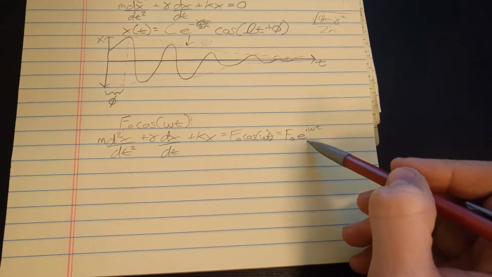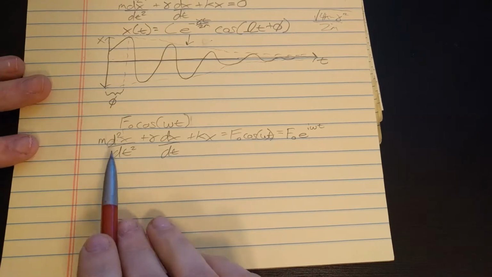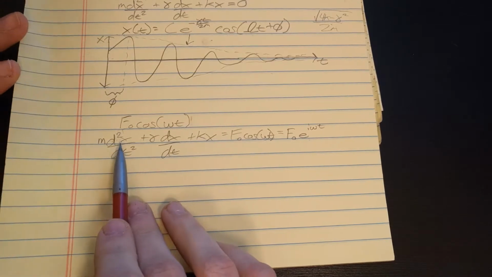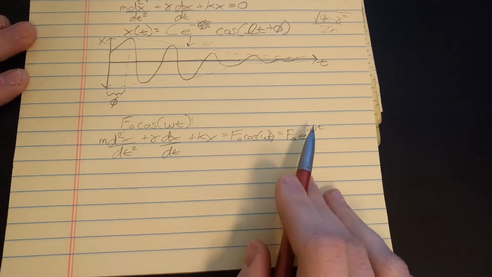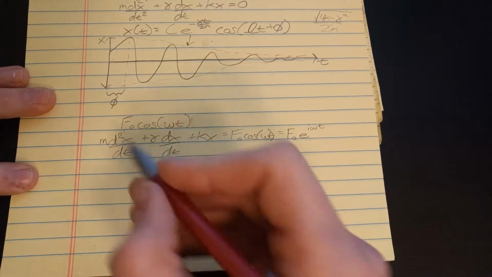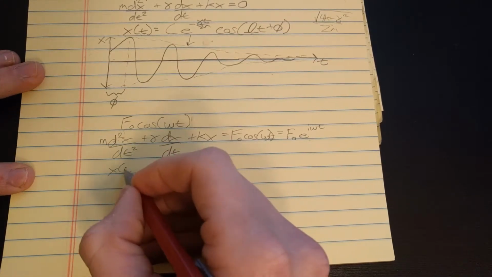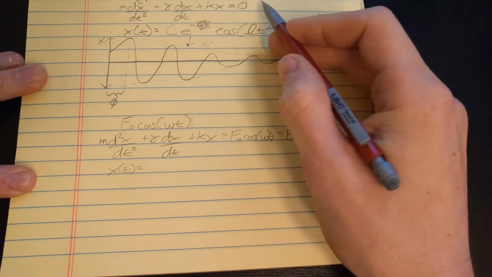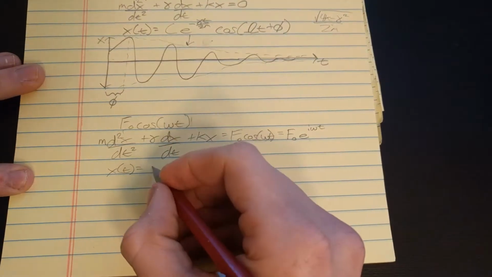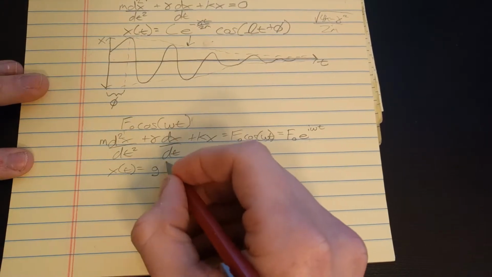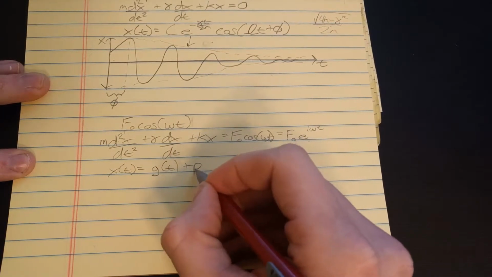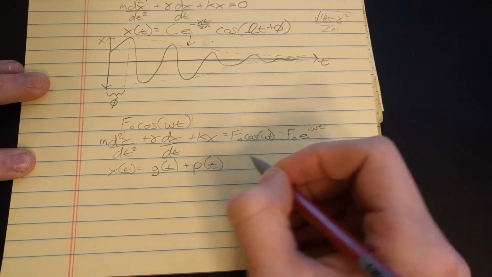So, now the mathematicians tell us that the solution to this so-called inhomogeneous second-order linear differential equation is x of t, the solution to the homogeneous part, which we've already found, the general solution to the homogeneous, which we'll call g of t, plus a particular solution, which we'll call P of t.